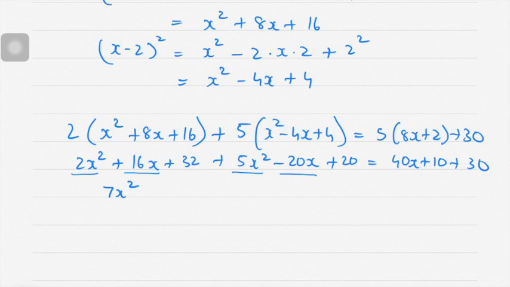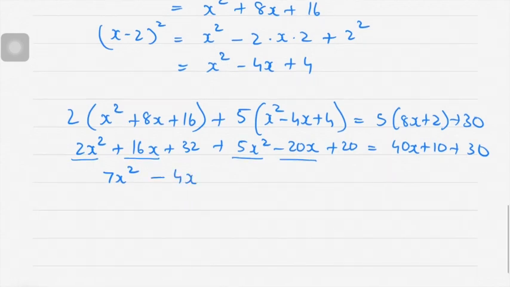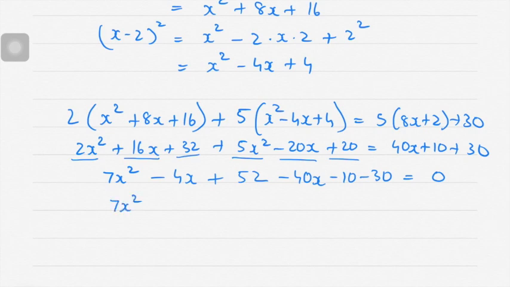When it comes to this side, it will become minus 40x. We'll see this later. Okay. So 16x minus 20x is minus 4x, correct? Minus 4x. And then 32 plus 20, which is 52. Okay. So all the numbers which are there on the right hand side, I'll bring to the left hand side, which is minus 40x minus 10 minus 30 is equal to 0.